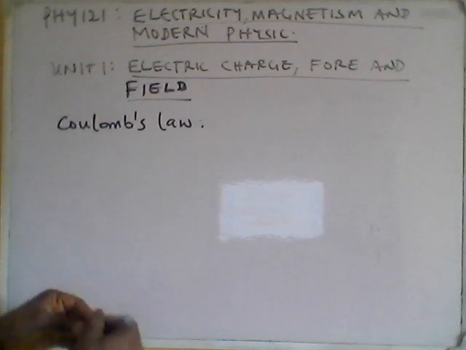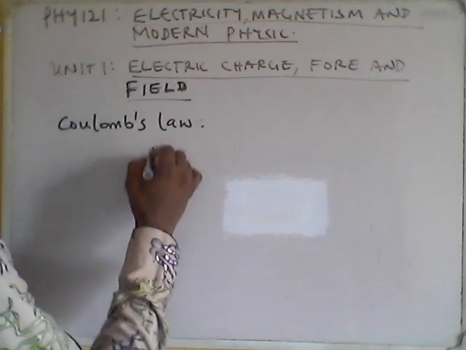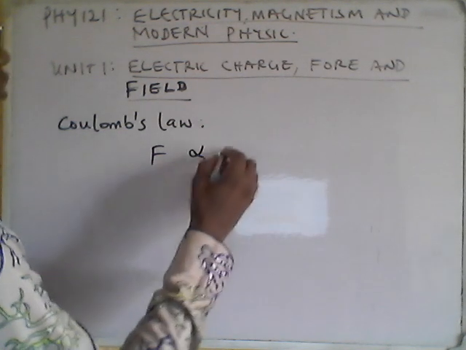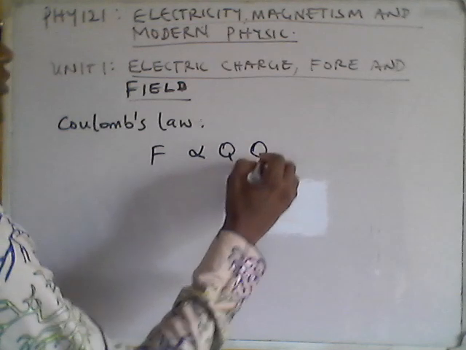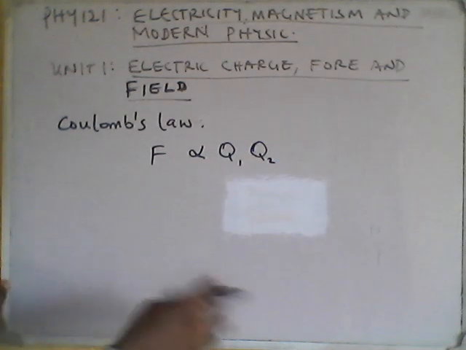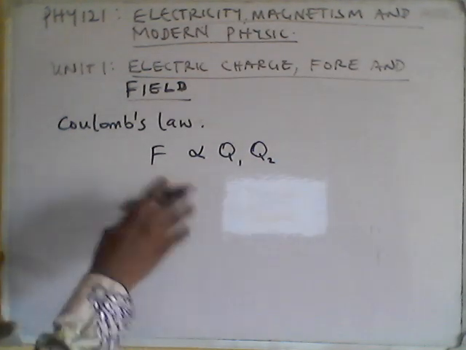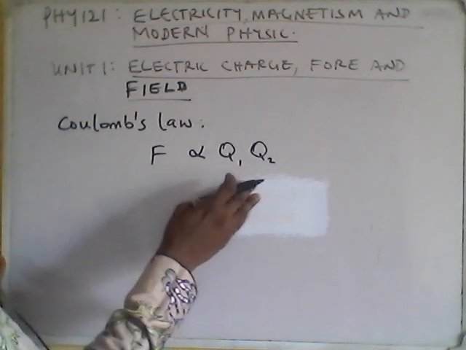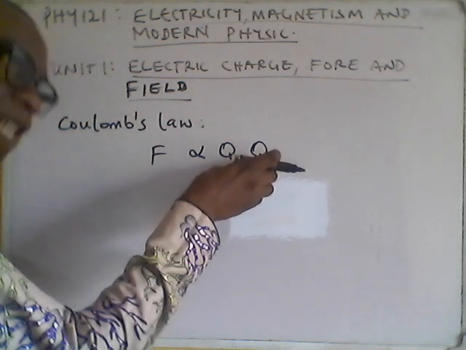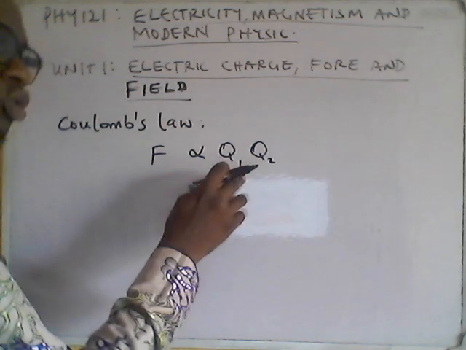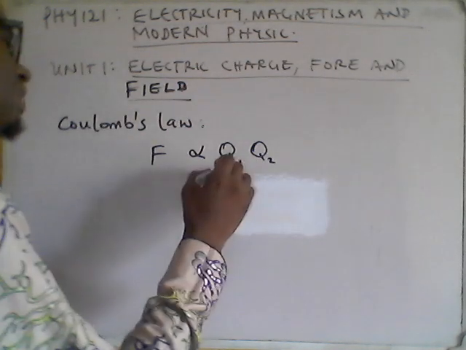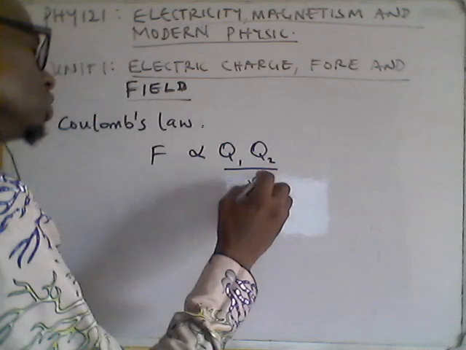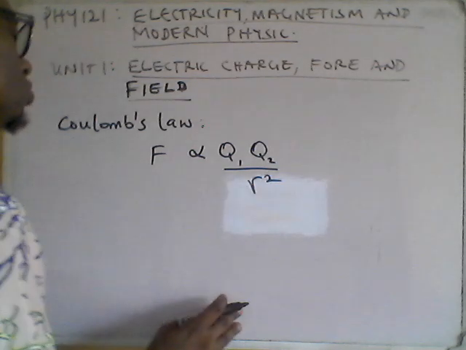It states that the force of attraction or repulsion, F, is directly proportional to the product of the charges. So if I have two charges interacting in the electric field, Coulomb's law says that the force of attraction between these two charges is directly proportional to the product of the charge. Remember, charge is measured in Coulomb. At the same time, it is inversely proportional to the square of the distance of separation.